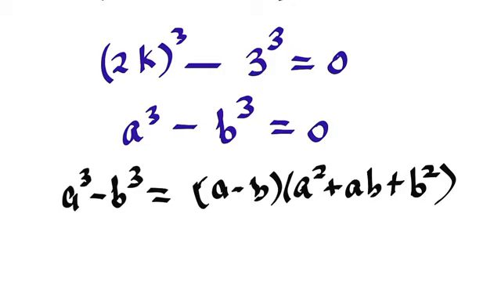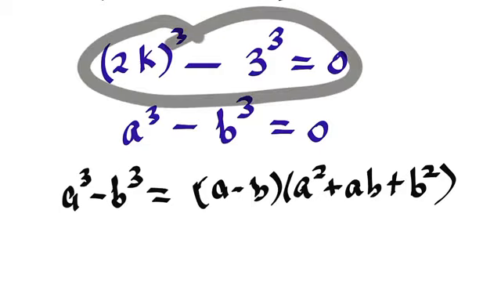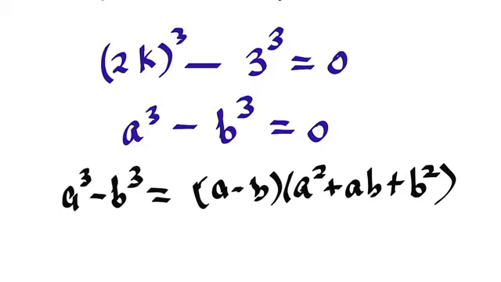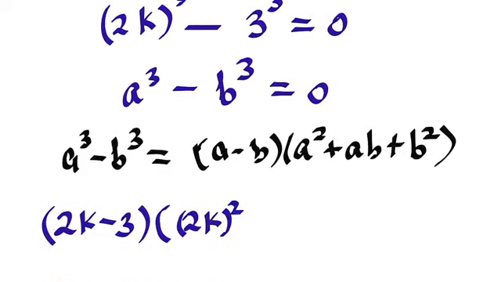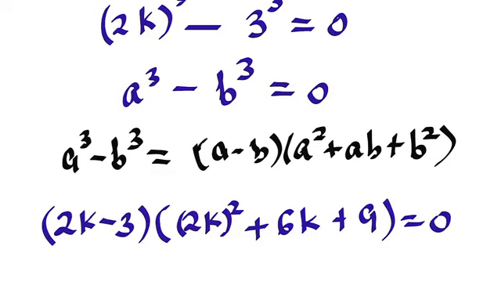So now from here, we're going to have 2k minus 3 into bracket 2k all squared plus, a is 2k and b is 3, we're going to have 6k, then plus b squared, 3 squared, that will give us 9. Then everything equals 0.